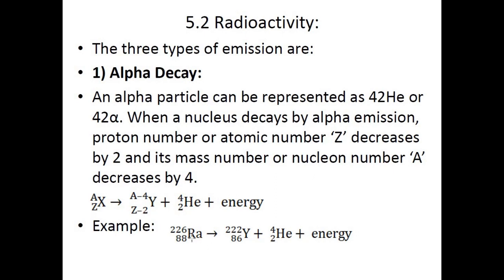For example, if radon 226 emits an alpha particle, it would become this Y, having these atomic and mass numbers, whereas these two things would remain constant.